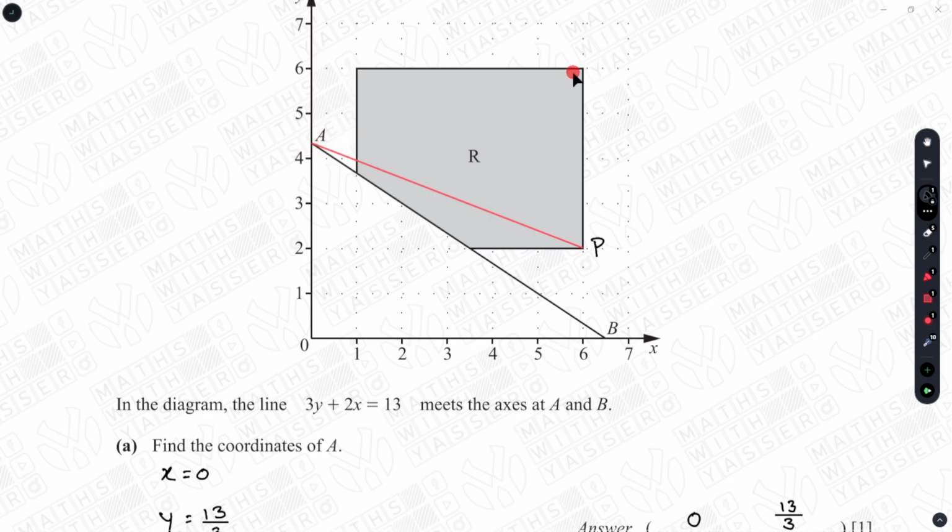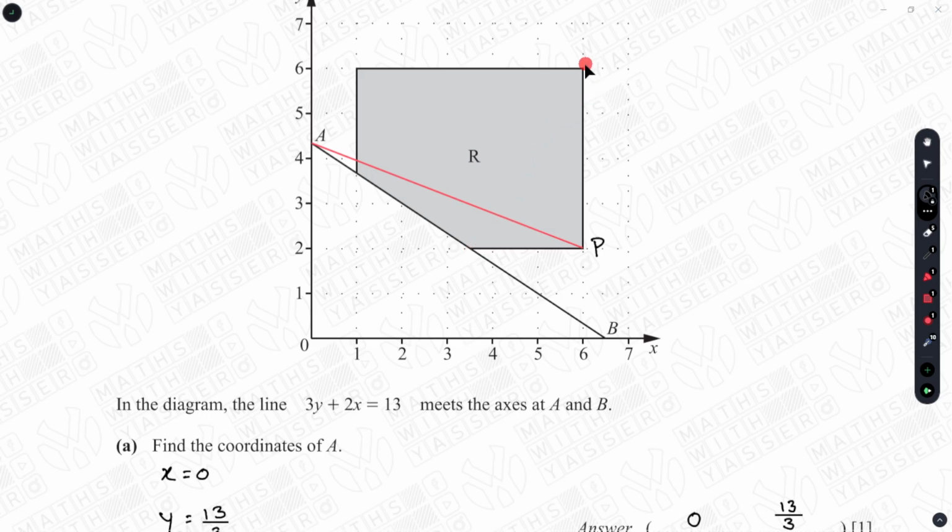Then if I place P over here or over here, we can compare what are the difference in height and difference in length. So AP cannot be this line. If I put P over here, it won't be the greatest. Also, if I put P over here or here, it won't be the greatest.